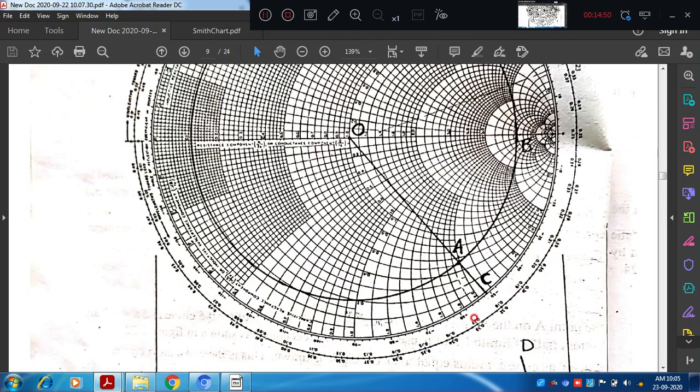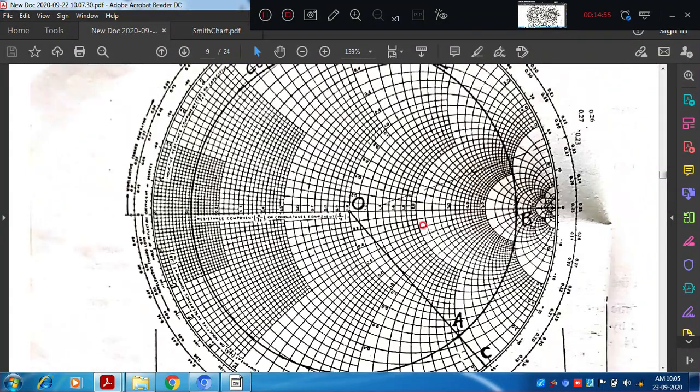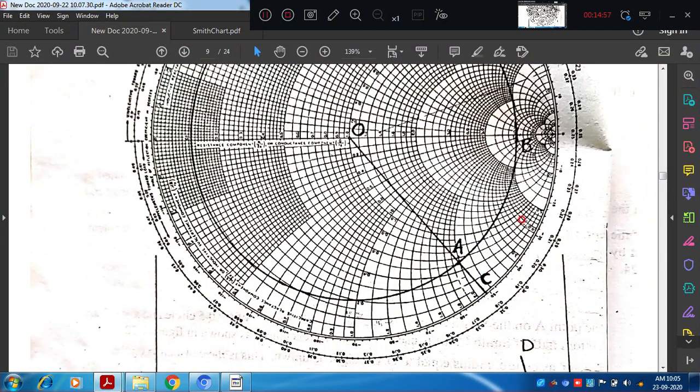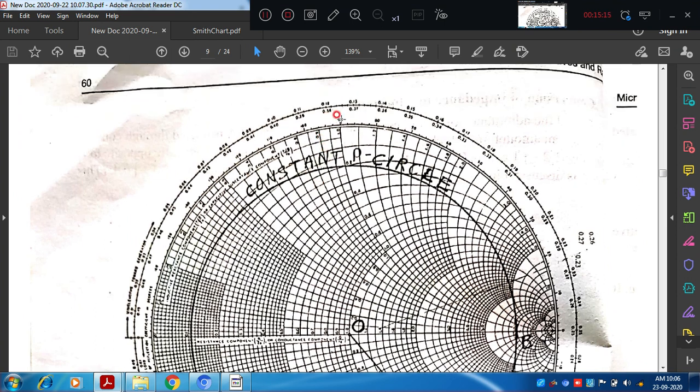So to find the angle, just extend that OA line to cut the periphery of the Smith chart, and you can observe the angles. Sometimes your load point may appear at this point also, so in that case you should extend this line to cut the outermost circle. There you will get some angles. Usually the upper part of the Smith chart consists of positive angles, right?